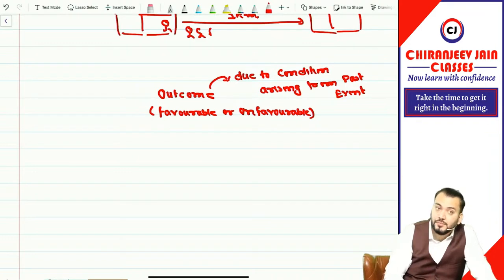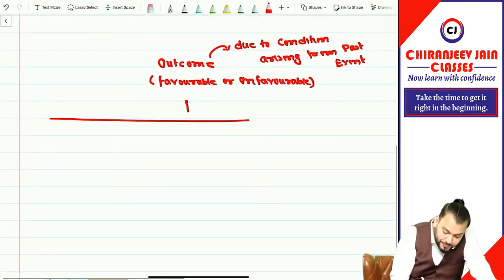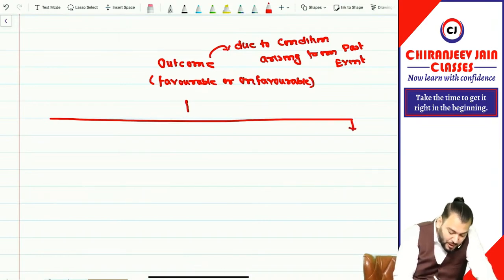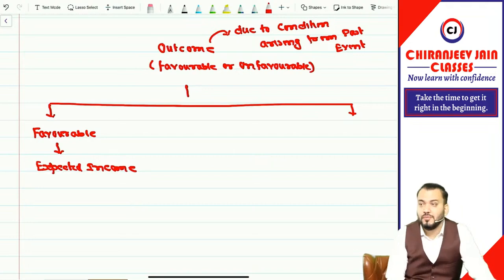Have you understood? Now, if I am saying the outcome is favorable, favorable means can I say expected income? When I say expected income, income will include gains also.